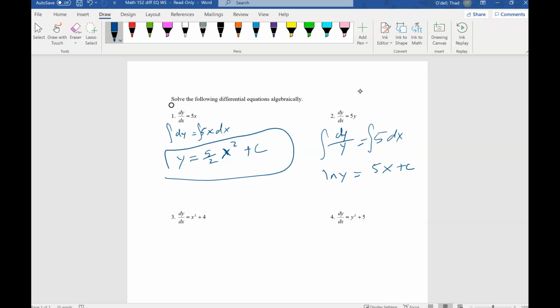And then to get y by itself, if you remember from pre-cal, we exponentiate, which means I make both sides a power of e. So that would be e to the ln y and e to the 5x plus c. Of course, e to the ln y is just y. And e to the 5x plus c, as we talked about in the first video, this would just be c times e to the 5x.